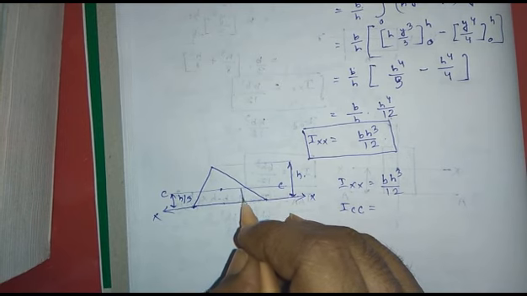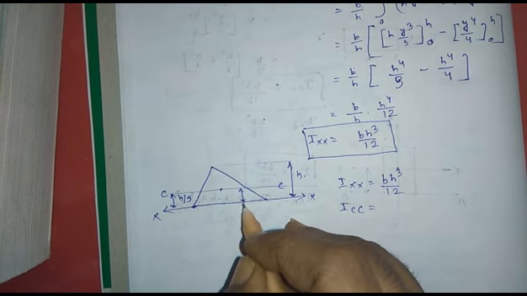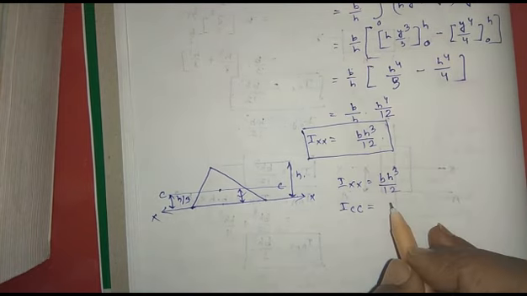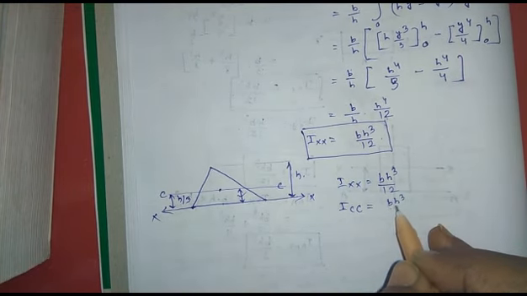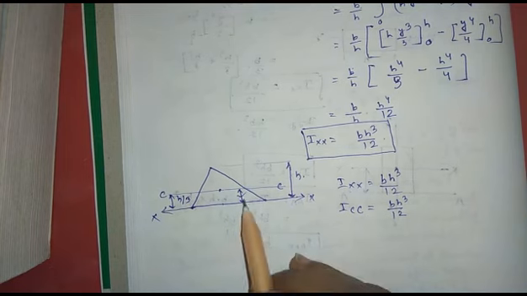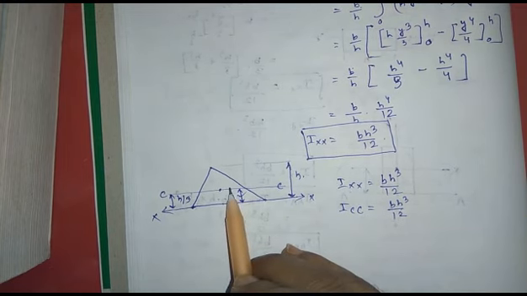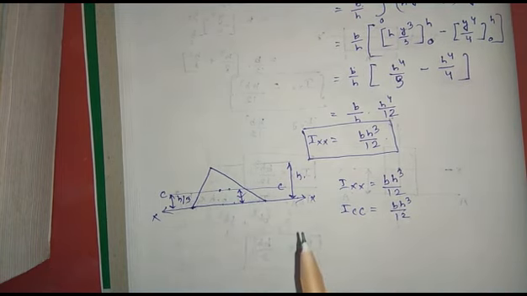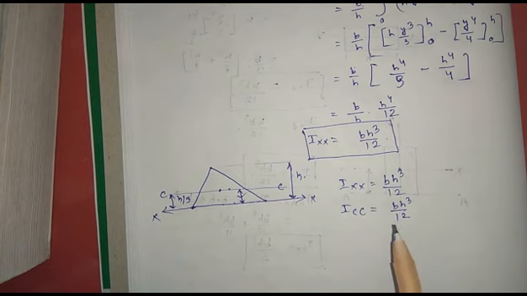So all I need to do is to mark this one. So that will be bh cube by 12. Now as you are moving towards the centroidal axis, the moment of inertia will decrease, just like the previous case which we have done in the rectangular lamina.